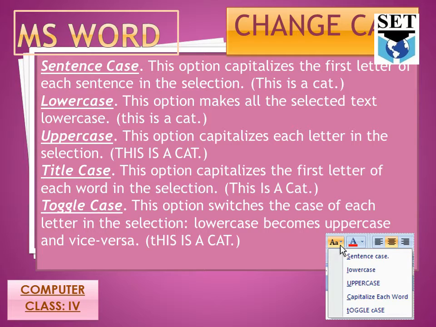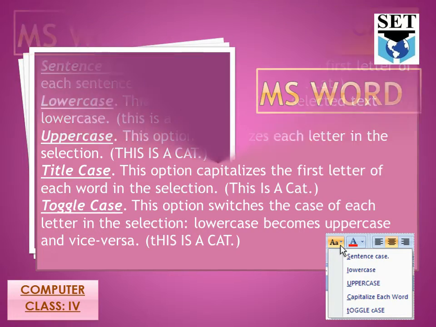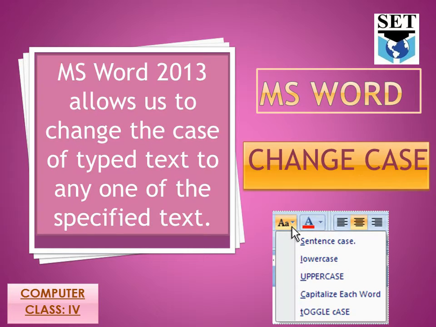So how many cases are there? There are 5 cases. And here we are going to discuss how we can change the case of the text. Whatever we have written, how we can change the case of the text. Look at the icon of the change case feature of Microsoft Word. Microsoft Word 2013 allows us to change the case of typed text to any one of the specified text.